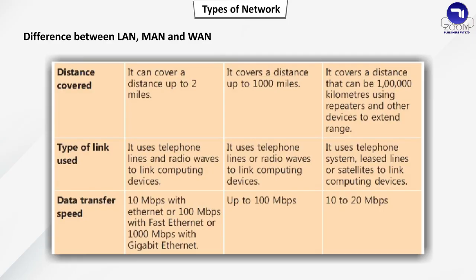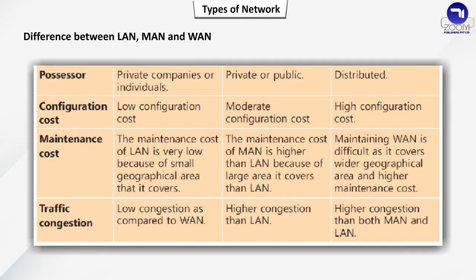WAN uses telephone system, leased lines or satellites to link computing devices. Data transfer speed: LAN, 10 Mbps with Ethernet or 100 Mbps with fast Ethernet or 1000 Mbps with gigabit Ethernet. MAN, up to 100 Mbps. WAN, 10 to 20 Mbps.